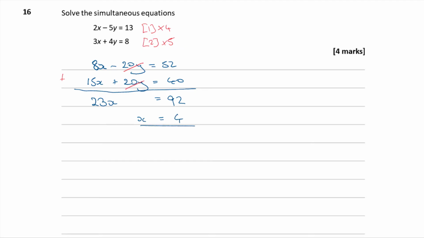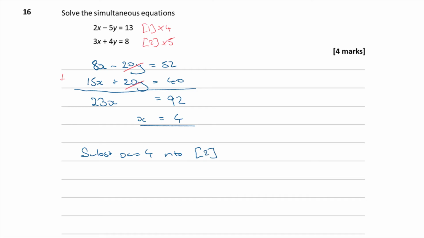So half done. We found the value of x, but we need to find the value of y as well. So substitute x equals 4 into equation, which one should we sub it into? I'm going to go for the second one because then it keeps y positive, into equation 2.